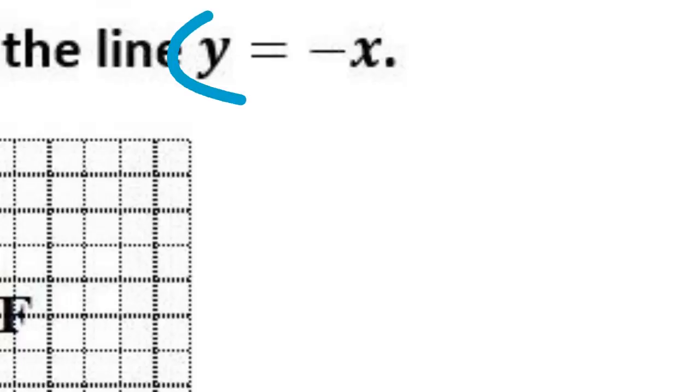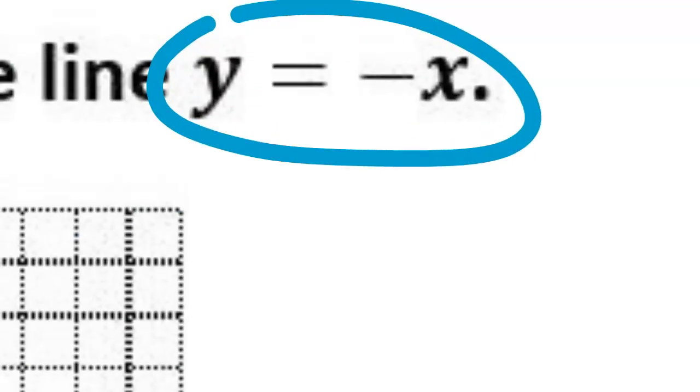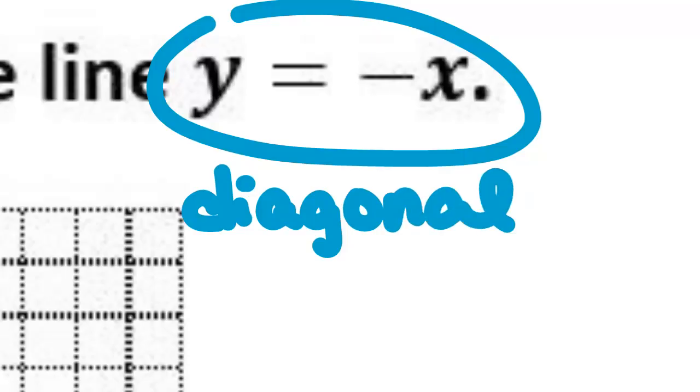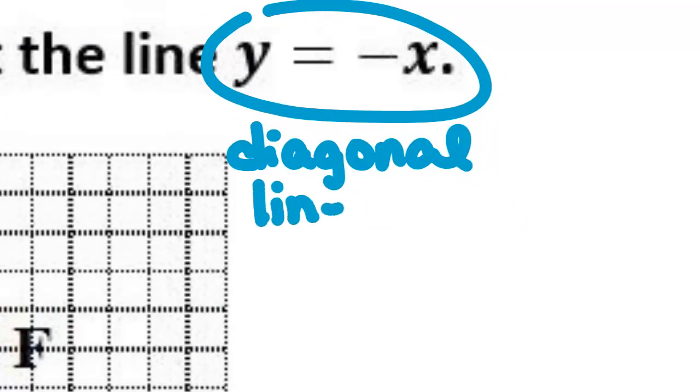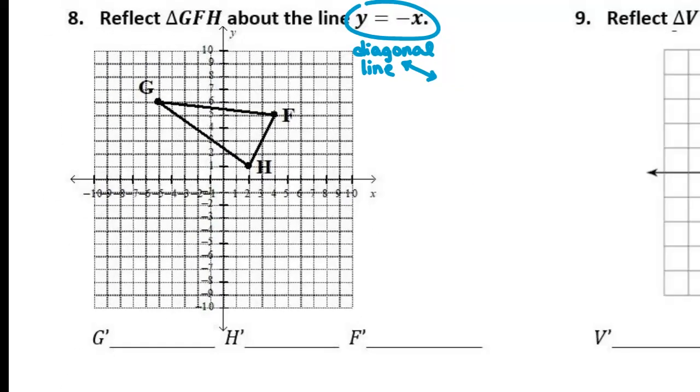Y equals negative x is also a diagonal line. But it goes the other way. It starts high on the left and goes low on the right. So y equals negative x looks like this.